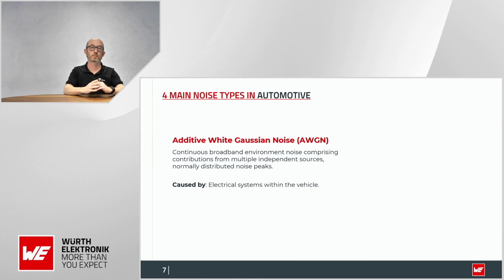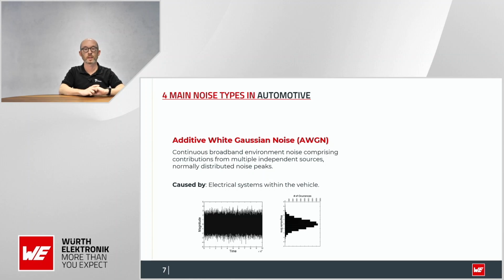White, because it is broadband, evenly distributed over a frequency range, similar to white light. Then Gaussian, we need to look at the distribution of the peaks. This means the higher the amplitude of the noise gets, the less likely it is to occur. So the higher the energy of the noise is, the less it occurs. So this is quite easy to handle.